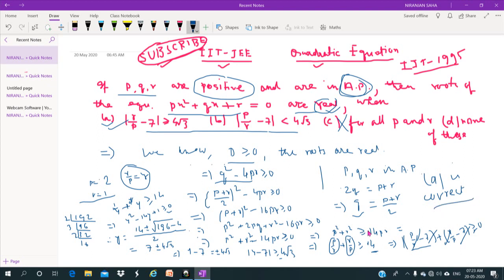To understand this problem, much deep information is needed about quadratic equations and roots. It is not a quadratic equation but a quadratic inequality, so what will be the conditions?